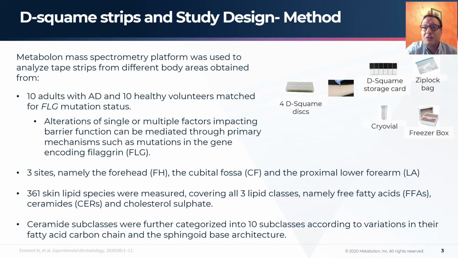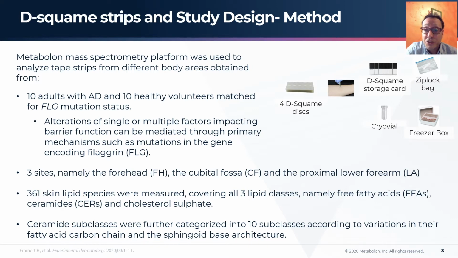In fact, alterations of single or multiple factors impacting barrier function can be mediated through primary mechanisms such as mutations in the gene encoding filaggrin, or indirectly through type 2 immune activity in the skin, causing a secondary downregulation of skin barrier genes and stratum corneum lipids.